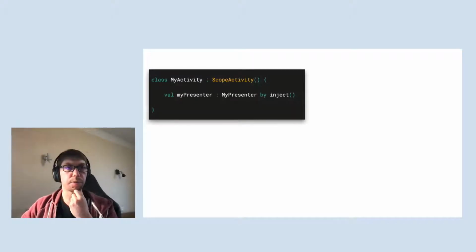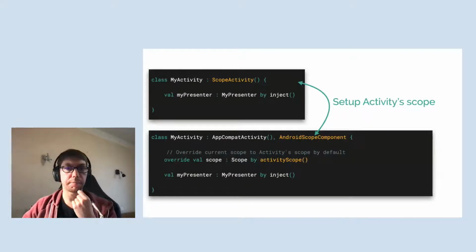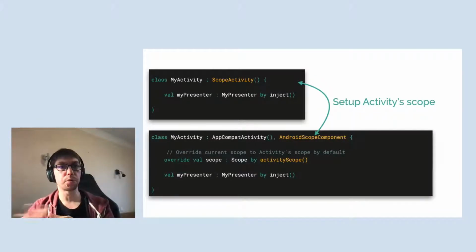Getting access to the scope API in your activity can be done in two ways. Either you use ScopeActivity and everything is created for you, you just write by inject. Or you don't want to inherit from the ScopeActivity from Koin and want to keep your class hierarchy, and then you can just use the AndroidScopeComponent interface to let you define your scope.